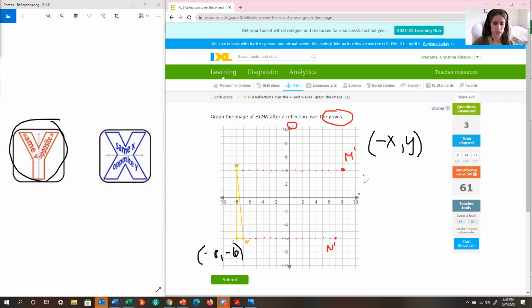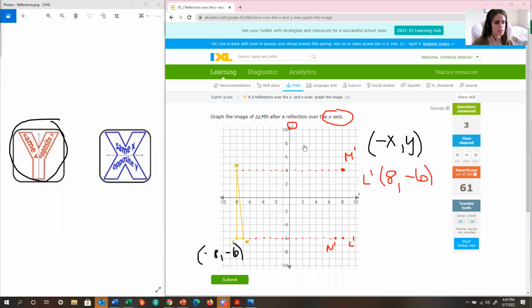When I reflect to get L prime, the x becomes the opposite, so a -8 becomes a +8, and your y value stays the same at -6. Which would be right here.